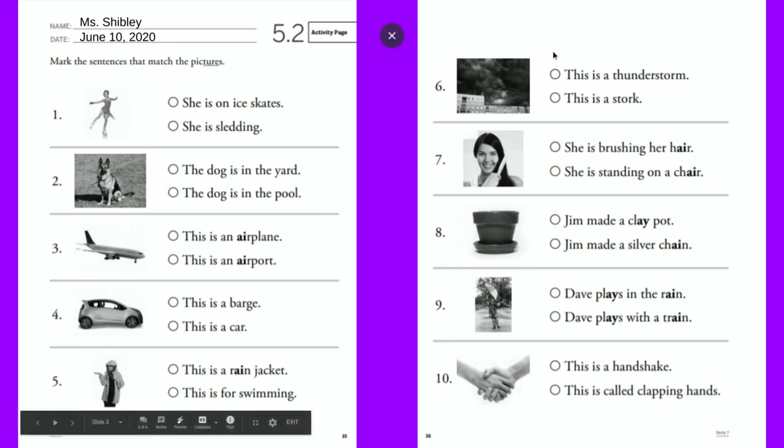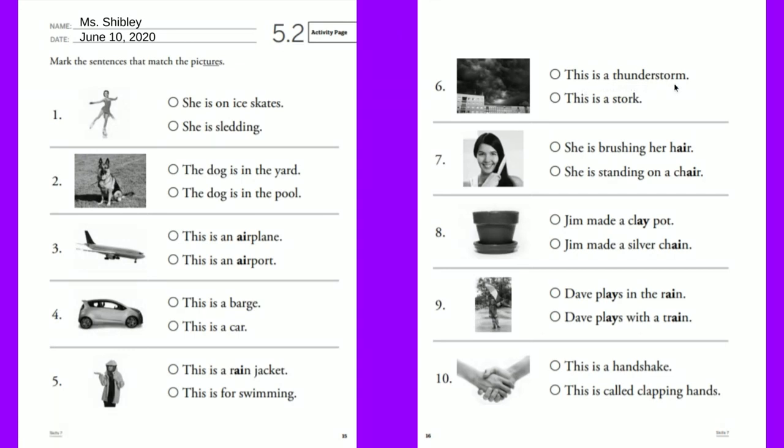Number 6, this is a thunderstorm. This is a stork. Number 7, she is brushing her hair. She is standing on a chair. Number 8, Jim made a clay pot.